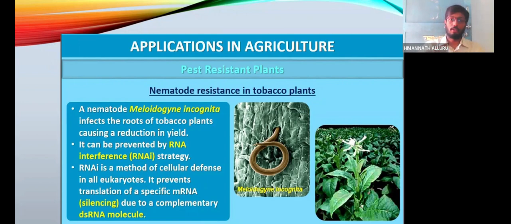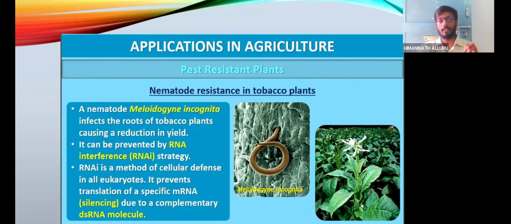So we can tell the children about this particular nematode, how it lives in the root system of the tobacco plant and reduces the yield of the tobacco. We need to ask the children, if the yield is reduced, what will happen to the farmer? How will it affect our economy? We need to put that idea to the children. Now, a novel strategy developed by scientists makes the RNA silent.